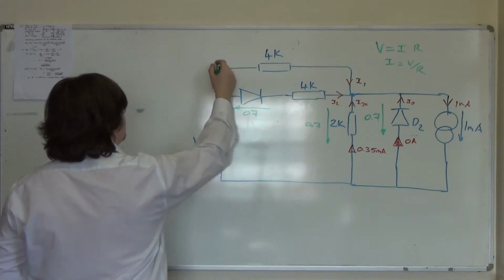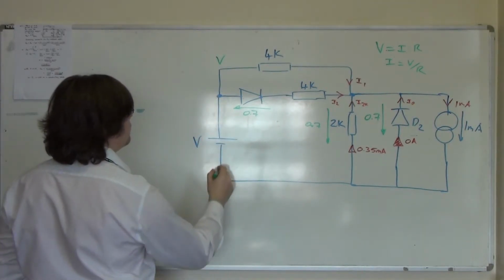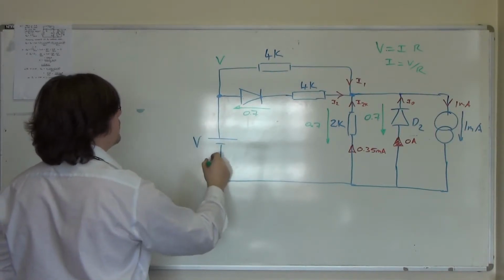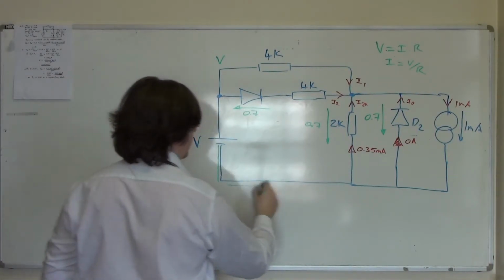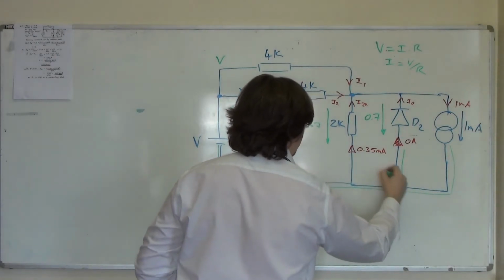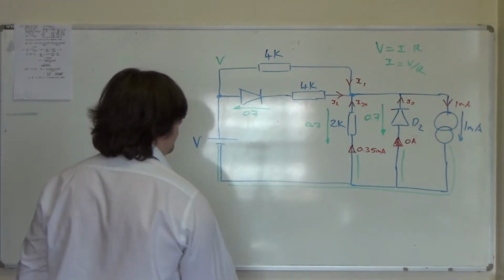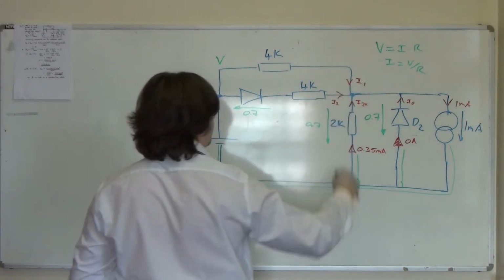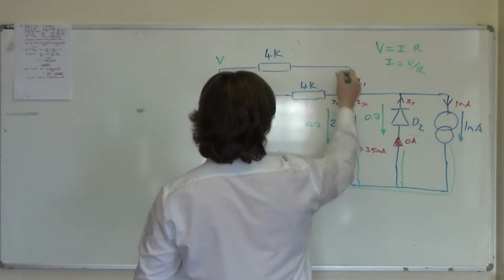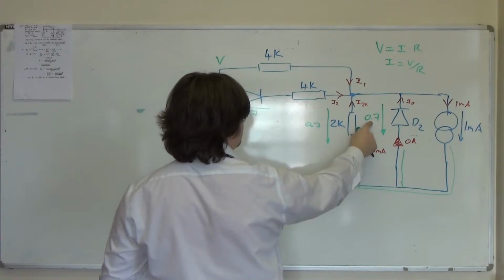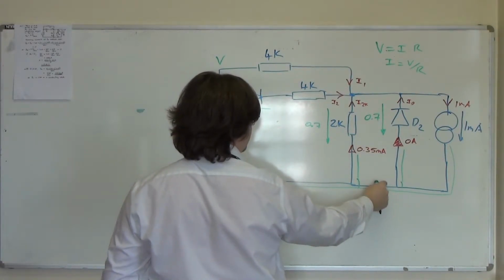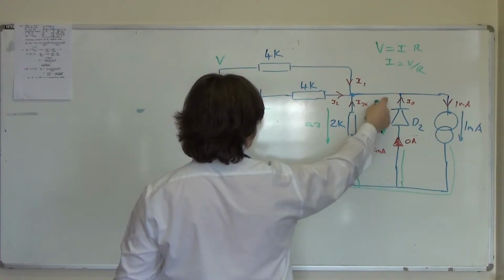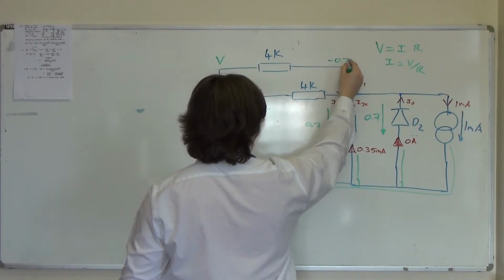Can you see that this is V volts above the reference? We don't know what V is, but it's V volts above the reference, where the reference is all this stuff here. And this point must be the reference minus 0.7 volts, because we were at 0 here, which is our reference, and we've dropped down this 0.7, so this must be at minus 0.7.